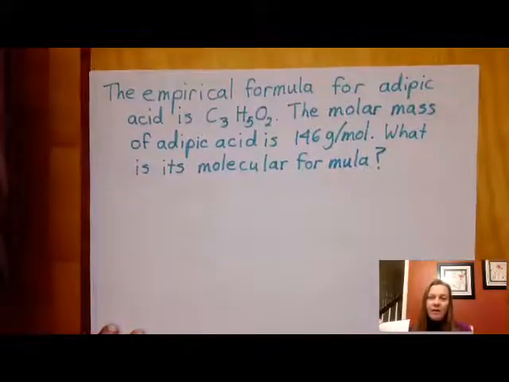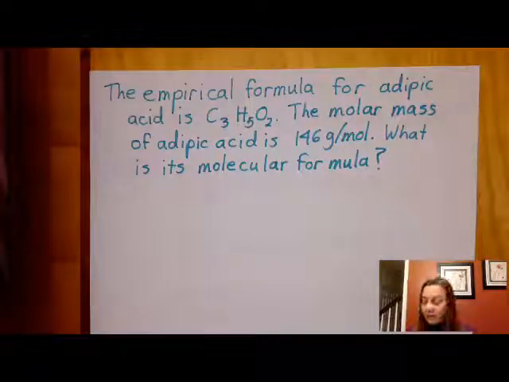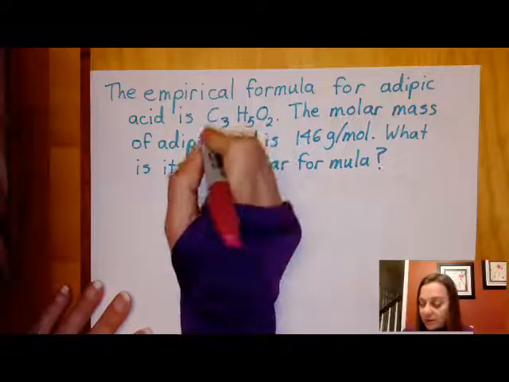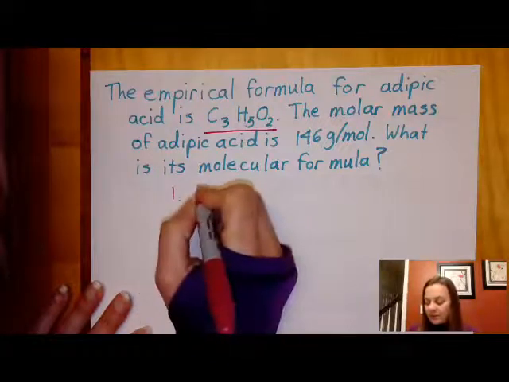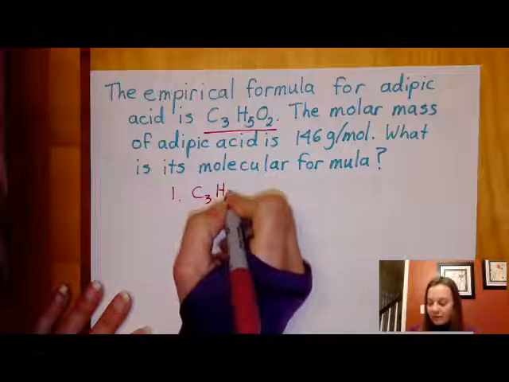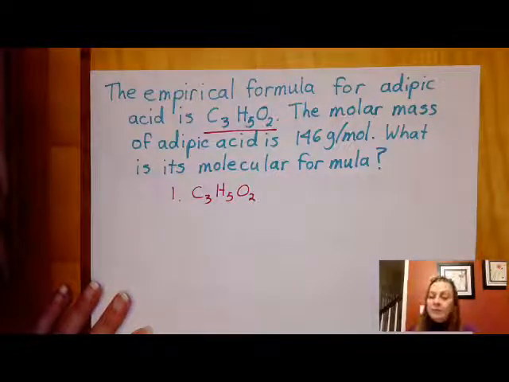Here we have adipic acid, C3H5O2. And we're asked to go from empirical formula to molecular formula. So the first step was to find the empirical formula, and that's already given to us right here, C3H5O2. So step 1 is done. If we were given percent composition, we would have to do the steps we did yesterday to find the empirical formula, and then we could move on.